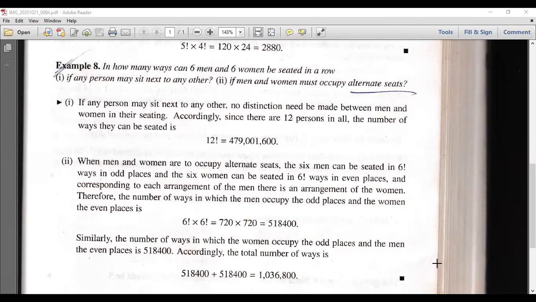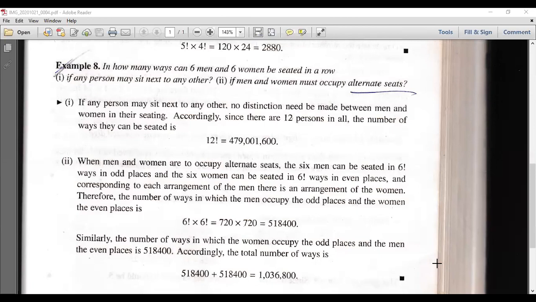So first can be woman, next can be man, woman, man, woman, man. So women can be internally arranged as well.